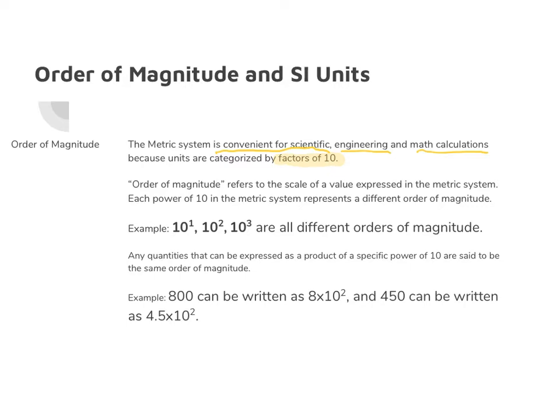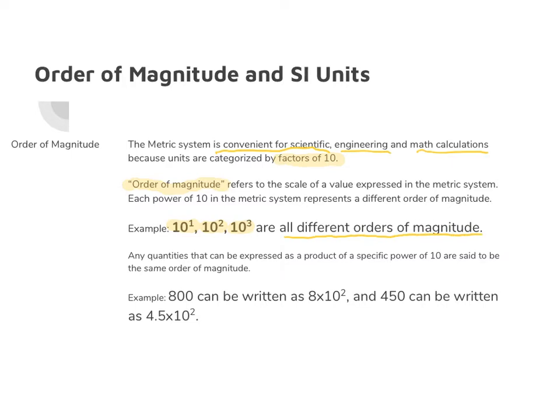Order of magnitude refers to the scale of a value expressed in the metric system. Each power of 10 represents a different order of magnitude. For example, 10 to the first power, 10 to the second power, and 10 to the third power are all different orders of magnitude.